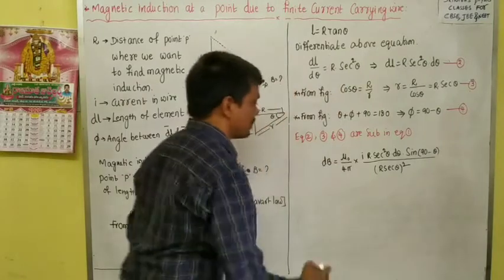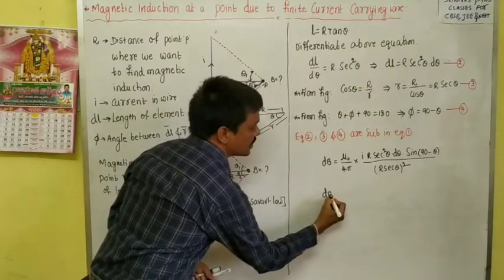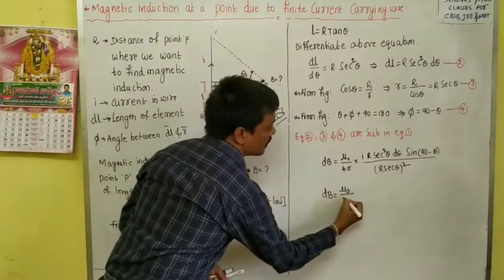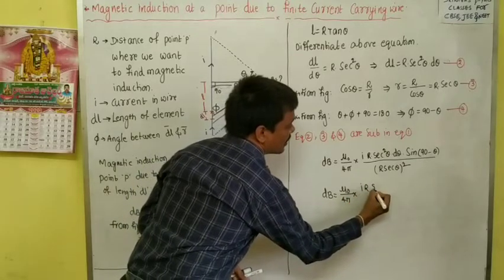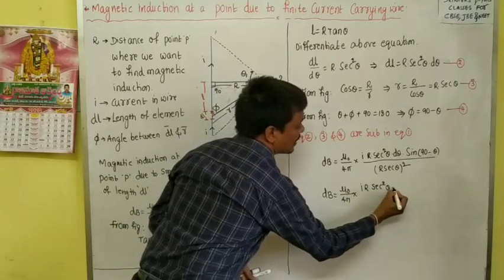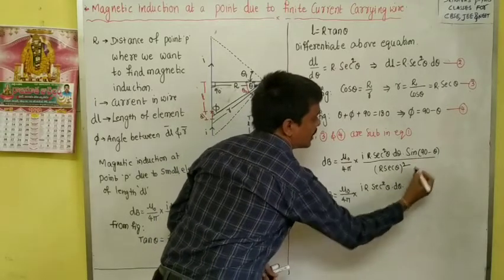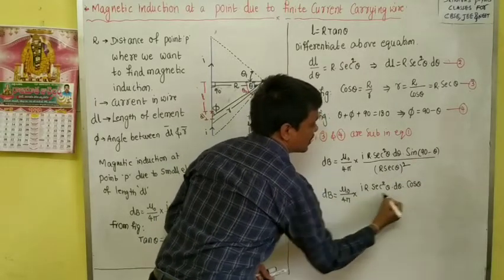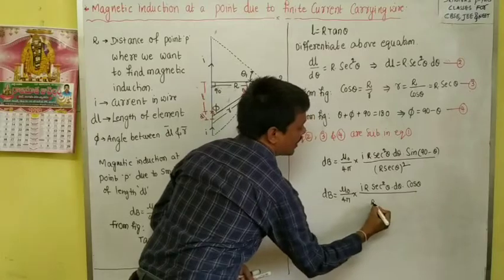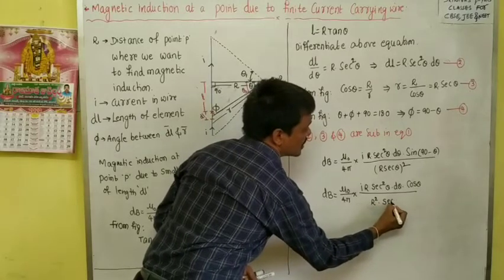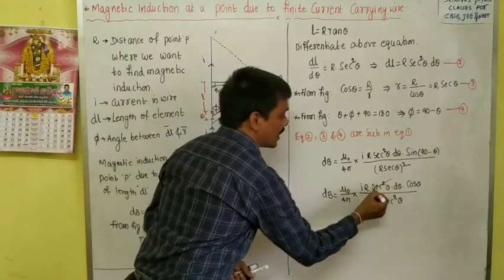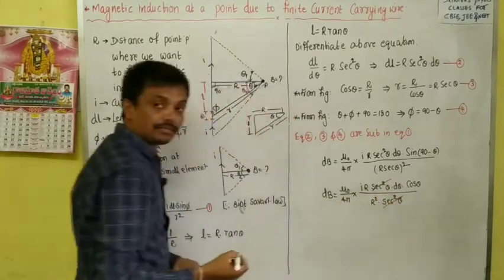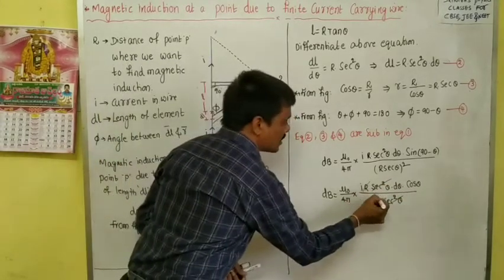Now we have to simplify this. Then dB is equal to nu naught by 4 pi into I R sec square theta d theta, sin of 90 minus theta is cos theta, by R square into sec square theta. This sec square theta and this sec square theta will cancel. This R and square also cancel.